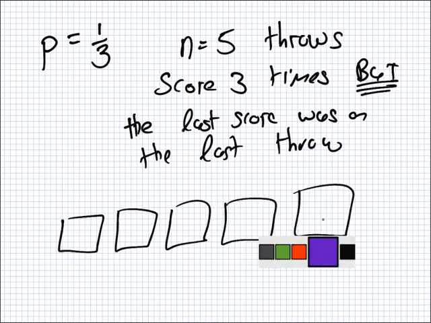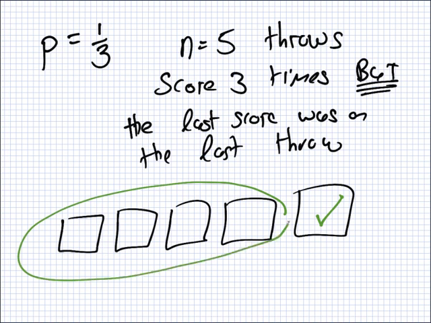There are 5 attempts. You want the last one to be a success, but you do not care what happens in the first four, except that they score twice. So maybe they could have something like this, for example.